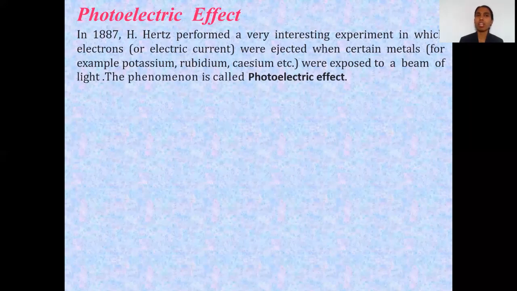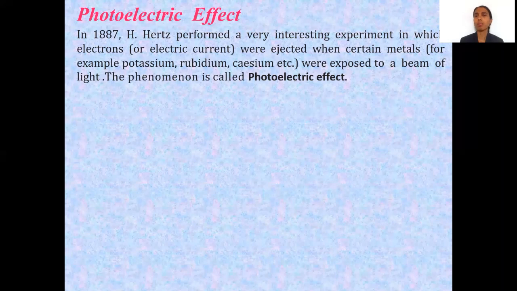In 1887, H. Hertz performed a very interesting experiment in which electrons or electric current were ejected when certain metals, for example potassium, rubidium or cesium, were exposed to a beam of light, and the phenomenon is called the photoelectric effect.